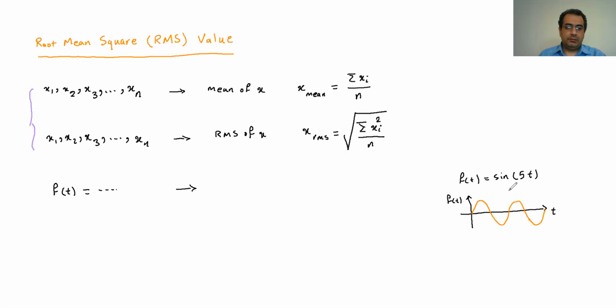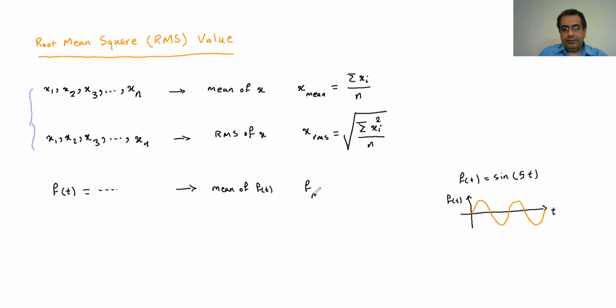For other functions, it might not be 0. So how do we calculate the mean of a function if we have it as a function instead of individual values?